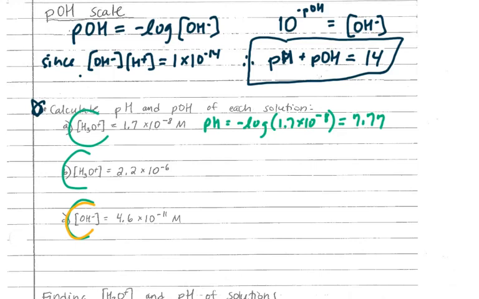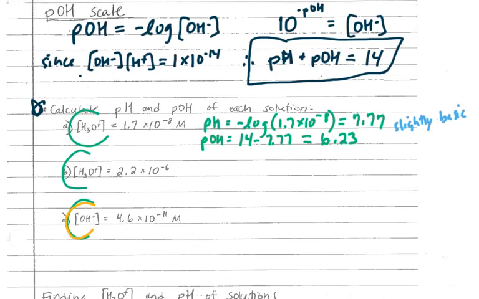And now to get the pOH, we can just do 14 minus 7.77. Instead of having to figure out the concentration of the hydroxide ion, we just do a little subtraction. Much easier. So it has a pOH of 6.23. I would say that this solution is slightly basic. It doesn't ask to identify, but I would say it's slightly basic. It's greater than 7. It's almost 8, so it's on the basic side.